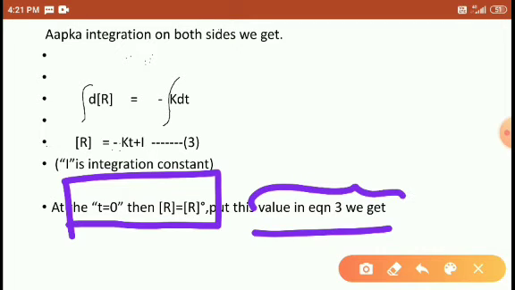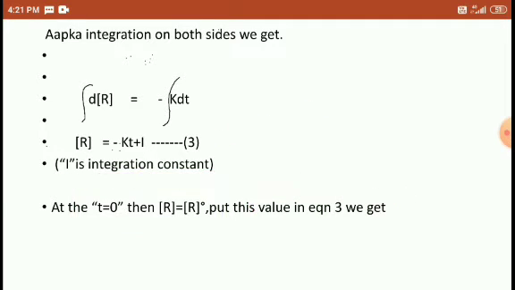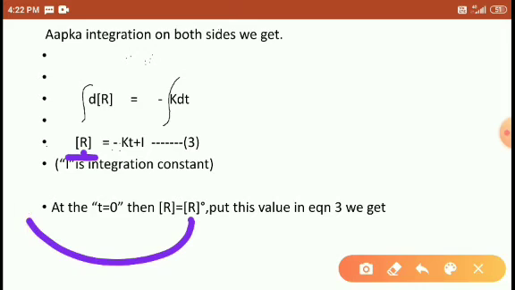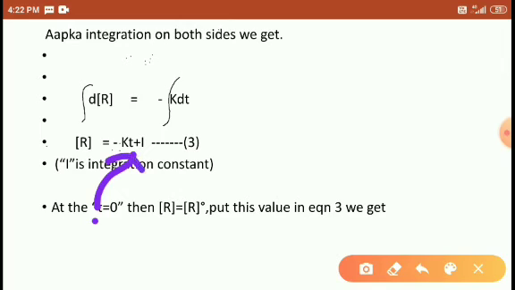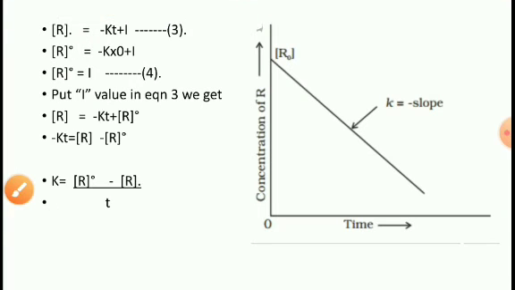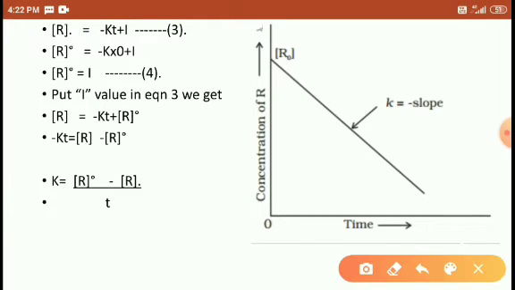We substitute R naught for R, and t is equal to 0 here. So then what do we get, students? This is equation 3. So R naught is equal to k into 0 plus I. So R naught is equal to I.